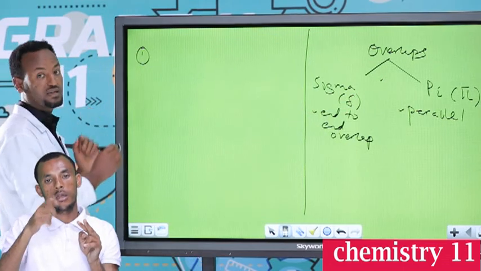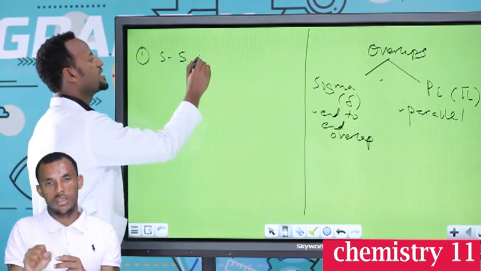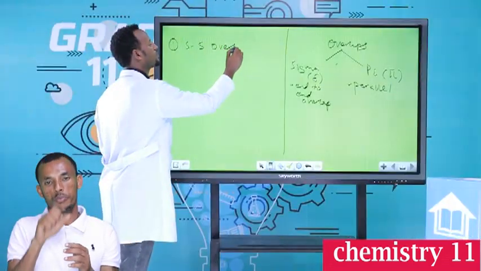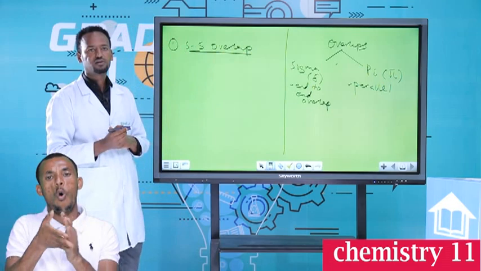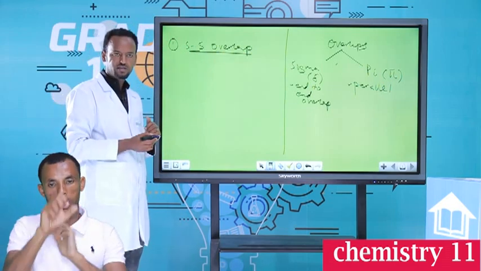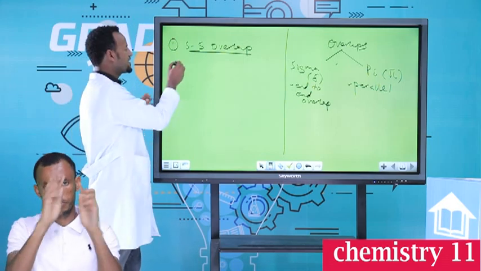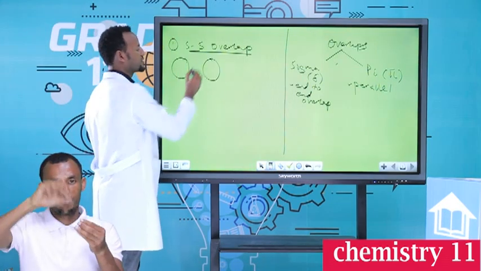Now, the three simple types of overlaps. The first one is SS overlap. You know the shape of S? S is spherical in shape, this one. Another S is spherical in shape, this one.